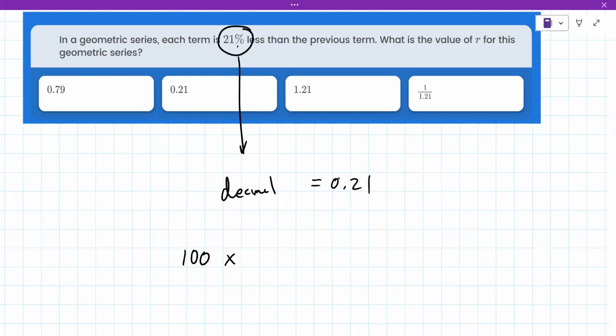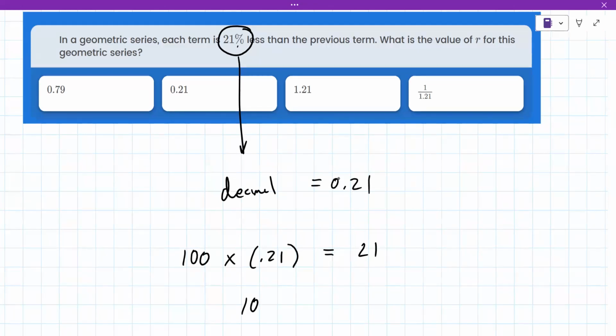If you multiply 100 by 0.21, what does that become? That's gonna become 21.